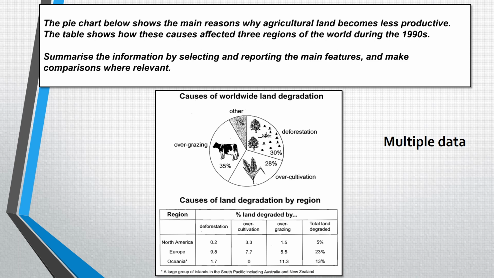So on this occasion, we've got 2 opening sentences, one describing each of the different visual data sources. So it should always be clear what it is that you are looking at, so long as you read the opening statements carefully. And of course, we've got the same instructions.